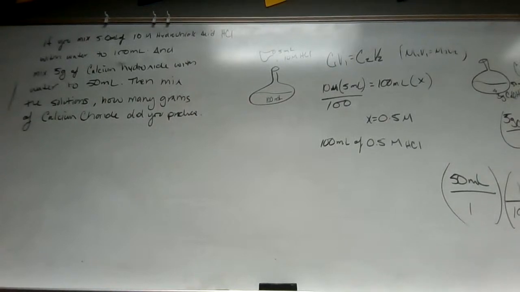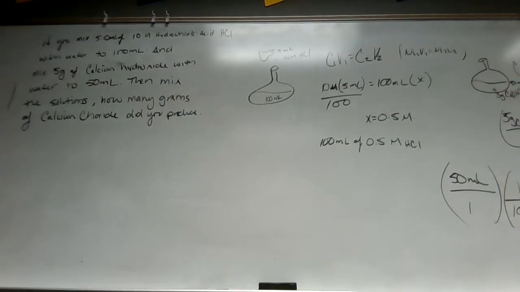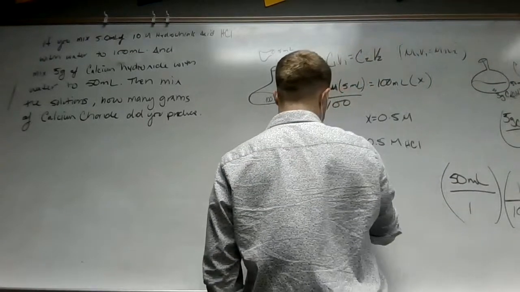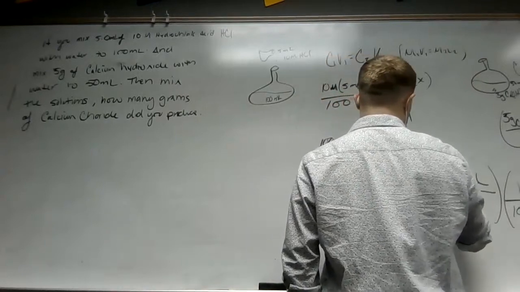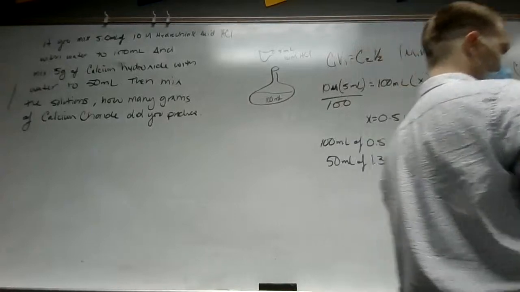Somebody want to calculate this? 1.35. So we have 50 ml of a 1.35 molar Ca(OH)2 solution.